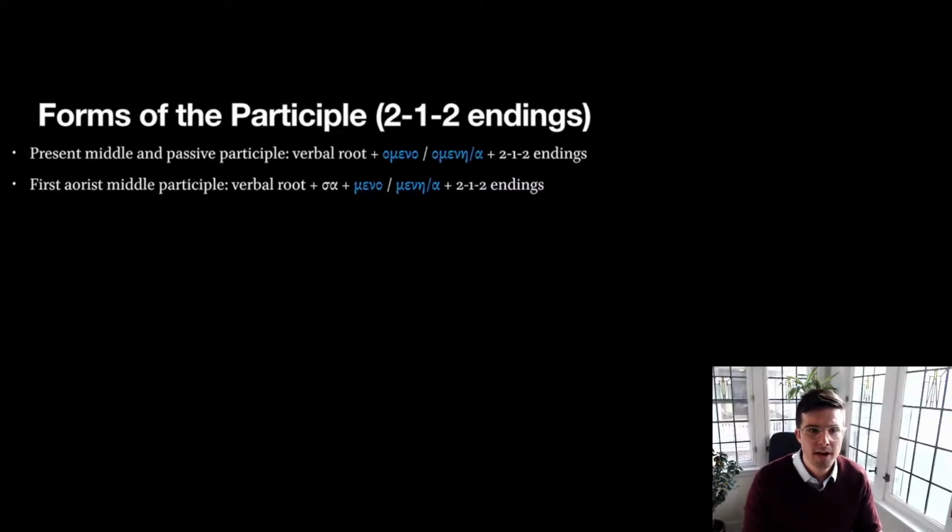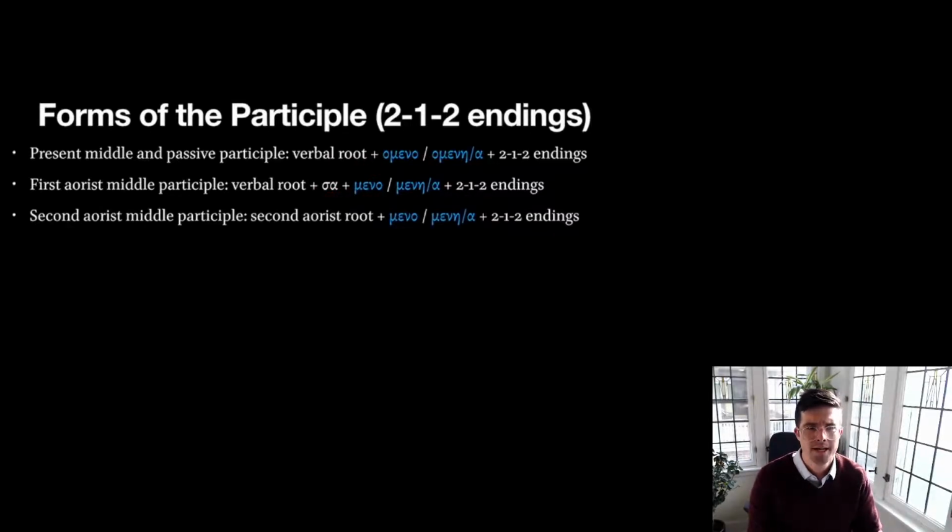For the first aorist middle participle, notice it's not middle and passive, just middle here. We're going to have the root unchanged, not a second aorist root, just the root, then sa, and then those same things, mina, mine, mina, without the omicron. In the present, the omicron serves as a connecting vowel, technically speaking. Here we don't need a connecting vowel because the sa gives us the vowel already. And then those 2-1-2 endings added on.